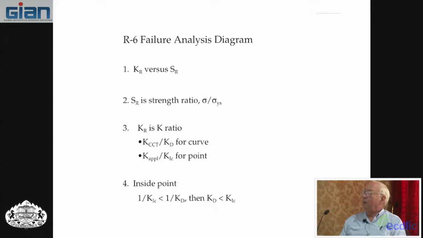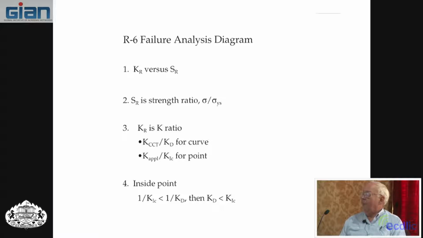So they called the failure analysis diagram in that report the R6 failure analysis diagram. There are two ratios, K ratio and stress ratio, or strength ratio. Stress ratio is actual stress divided by the yield strength. K ratio is the K for a center crack panel divided by the Dugdale K.